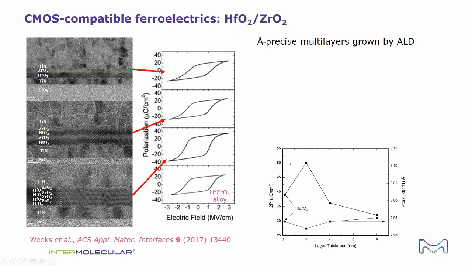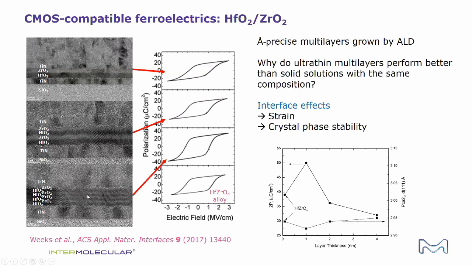And so, if we look at the layer thickness here for the hafnium zirconium oxide alloy, we have a reasonable ferroelectric polarization, but it's much, much better when we have this interface-rich nanolaminate. And so we know that interface effects must be at play here. It must be something about these interfaces that's improving the ferroelectric performance.